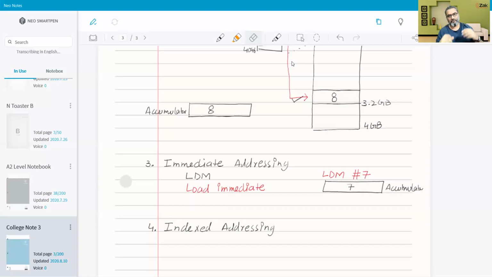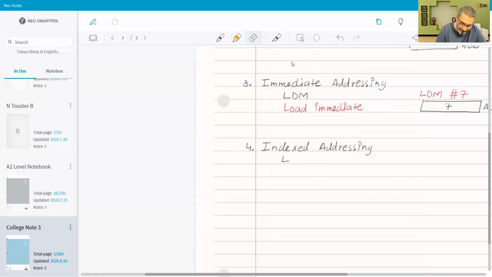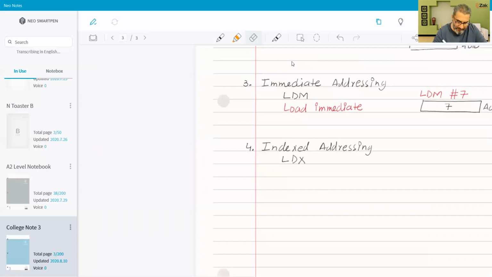So we can run a loop using indexed addressing. Now the opcode for indexed addressing is LDX. It uses the index register.